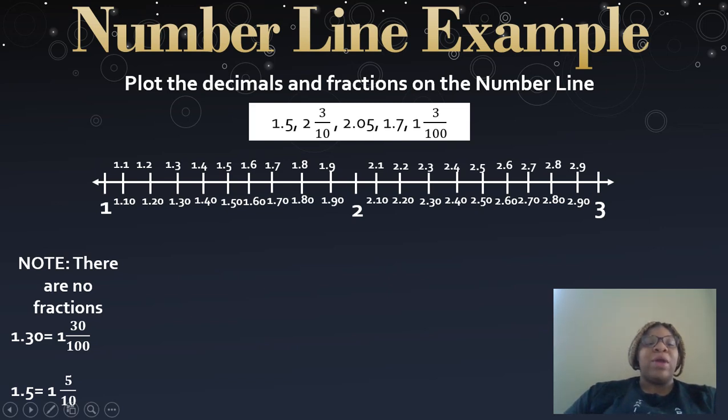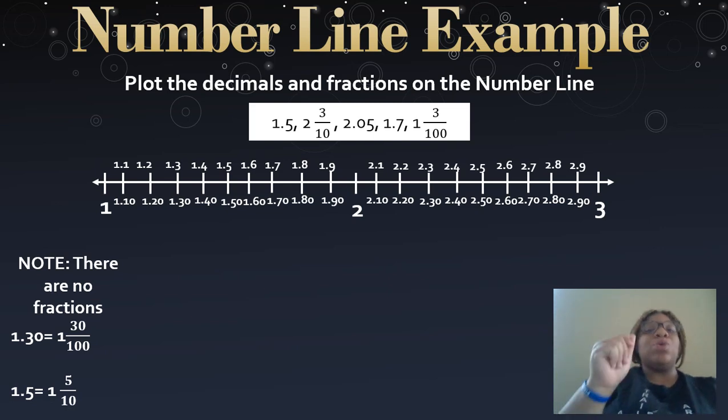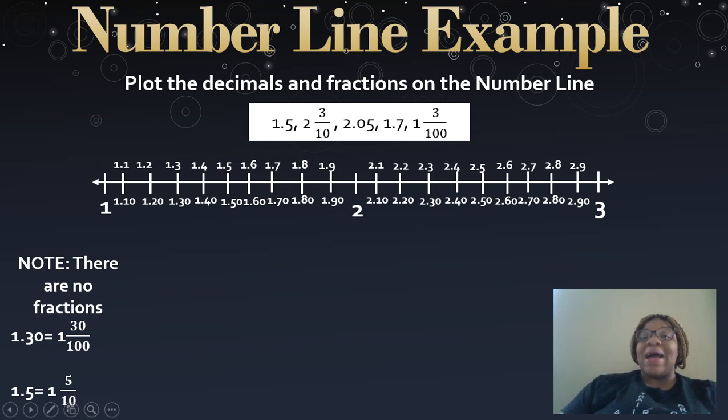If you see 1.30, that is also 1 and 30 hundredths, because remember that decimal point equals the word and. Or if you see 1.5, you know that equals 1 and 5/10. So if you want to put the fractions, by all means, please do. But if not, that is also okay.